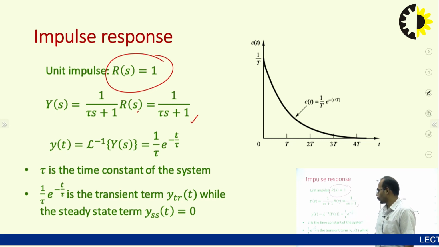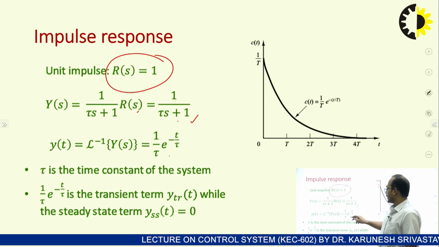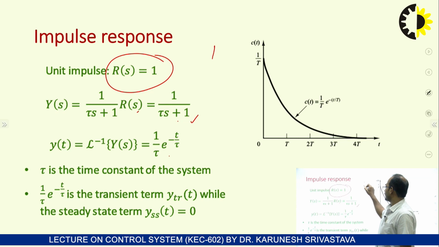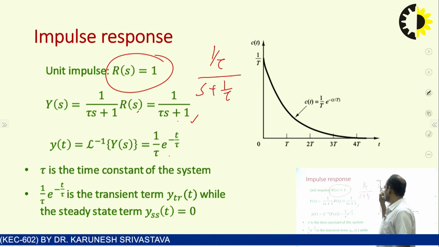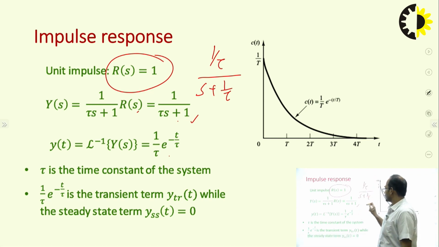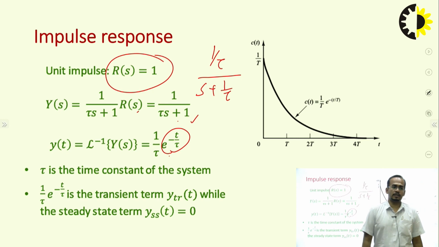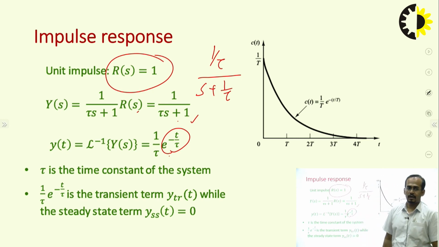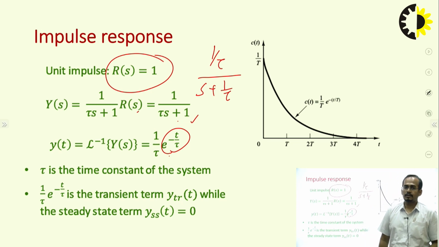What will be the inverse Laplace of this? We can write it like this: 1 by tau times 1 by (s plus 1 by tau). 1 by (s plus a) is nothing but e to the power minus at. So y(t) will be equal to 1 by tau e to the power minus t by tau. Tau is the time constant of the system, and 1 by tau e to the power minus t by tau is the transient response while the steady state term is 0.